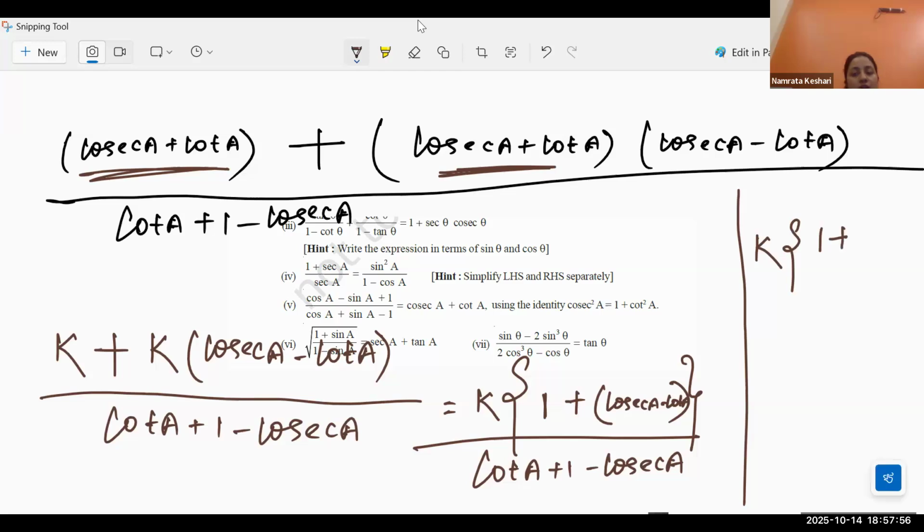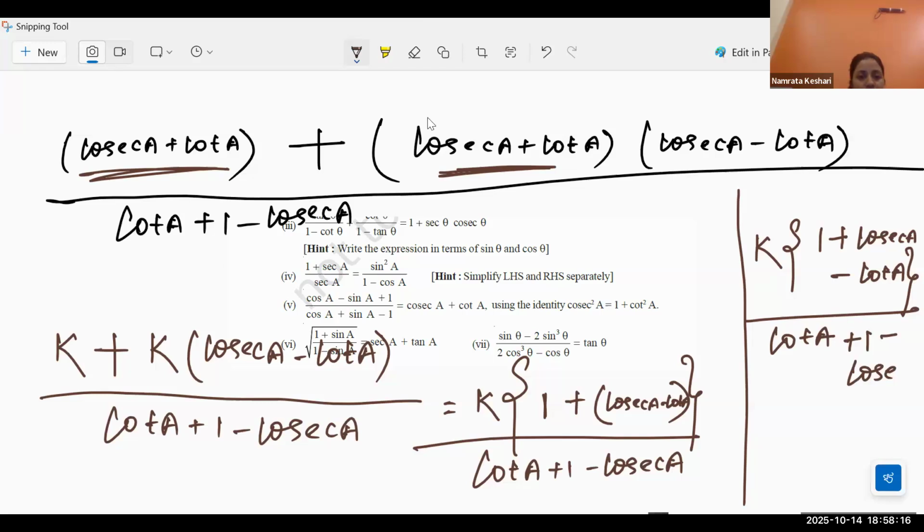It is 1 plus cosec A minus cot A. Nothing to simplify over here. Even opening the bracket is easy because the plus sign is outside the bracket, so you don't have to make any changes. Cot plus 1 minus cosec.